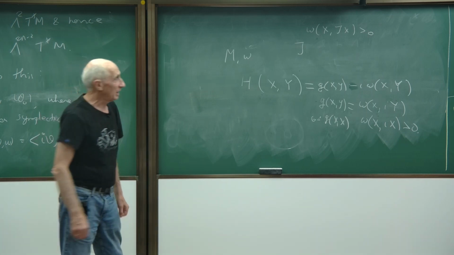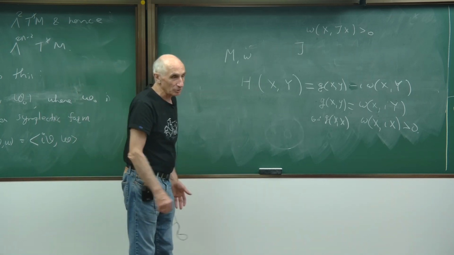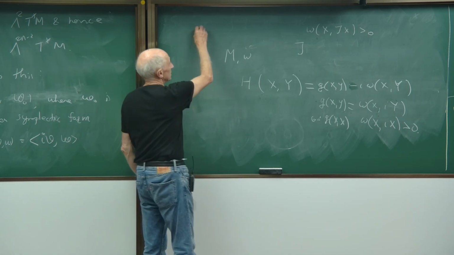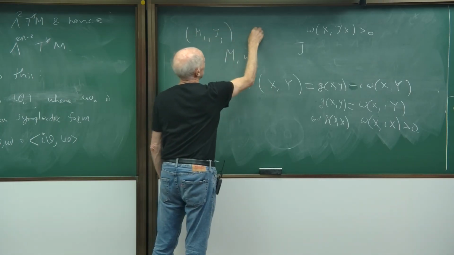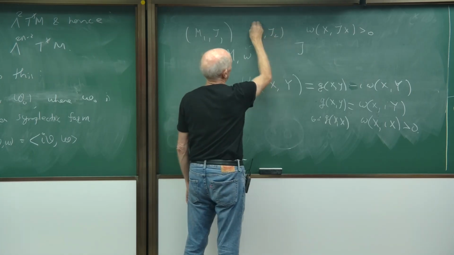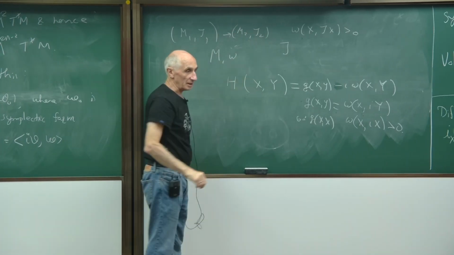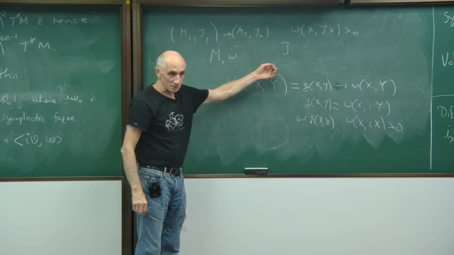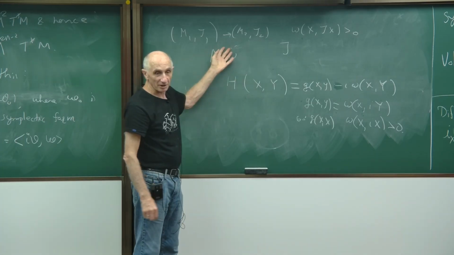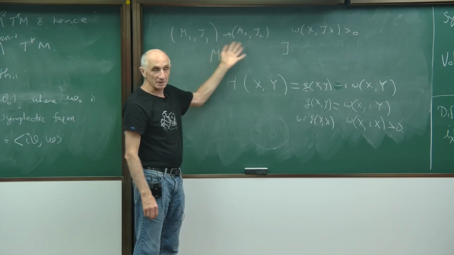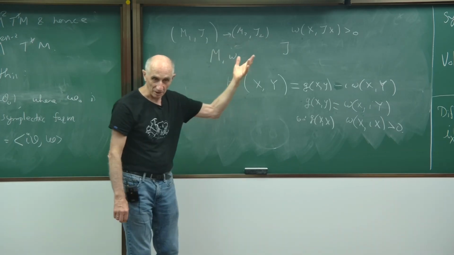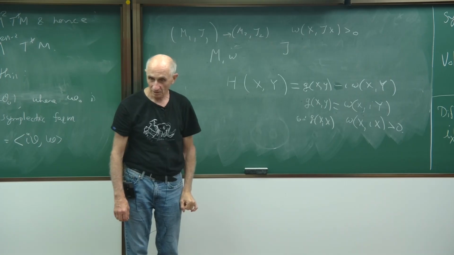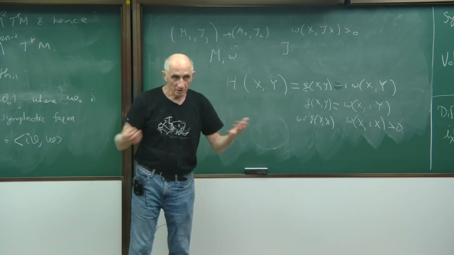But now, in principle, if you have almost complex manifolds, say M1, J1 and M2, J2, you can say, let's study holomorphic maps of this to this, which means that the differential of this map is complex linear at every point. So it commutes with J. So let's study this thing.